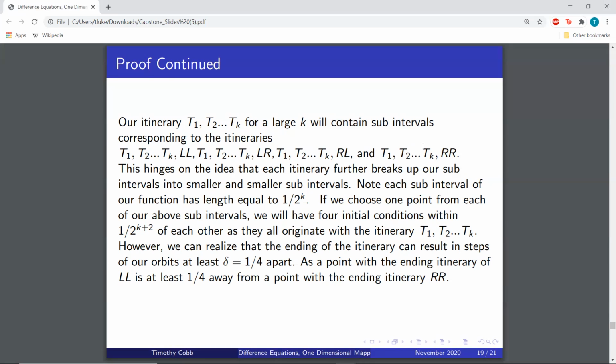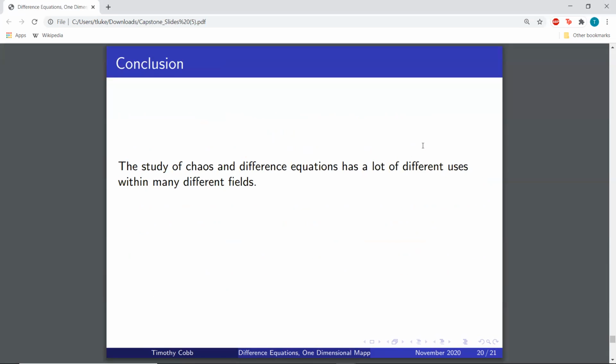And these all start out extremely close to each other. So close, in fact, that they're within 1/2 to the k plus 2 of each other, but they end up 1/4 away. This shows sensitivity to initial conditions, and thus our function is chaotic.